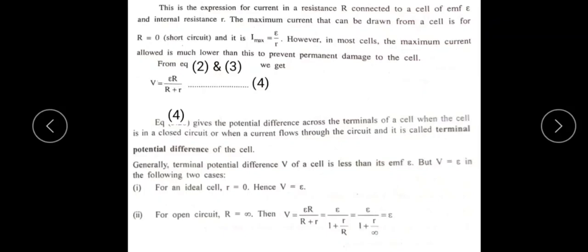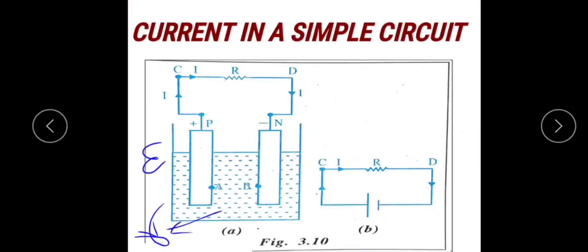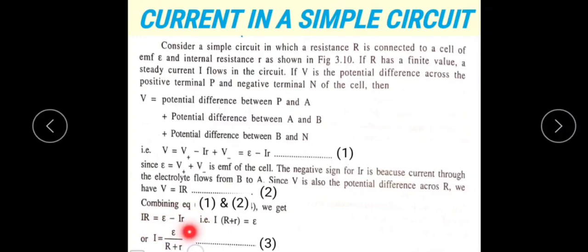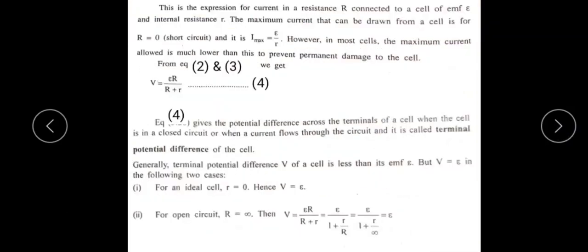In such a condition, if R value is 0, then maximum current is equal to E divided by small r, where small r represents the internal resistance. The current allowed is much lower than this to prevent permanent damage to the cell.